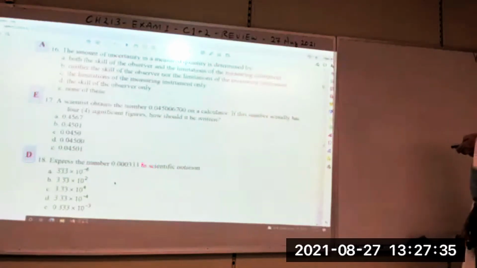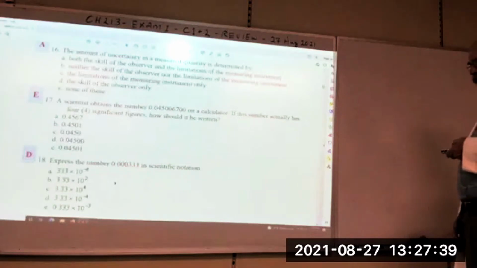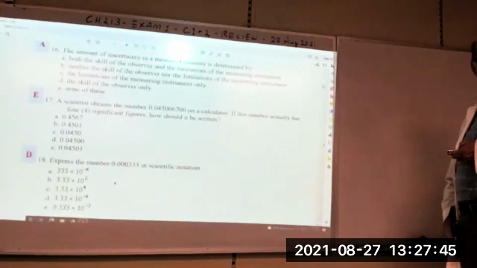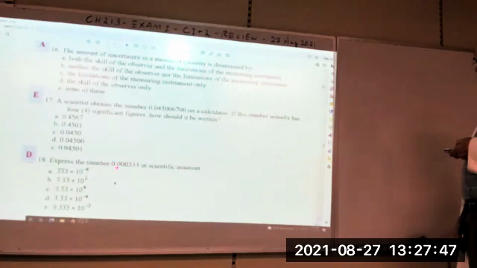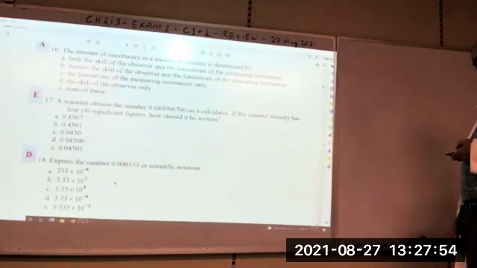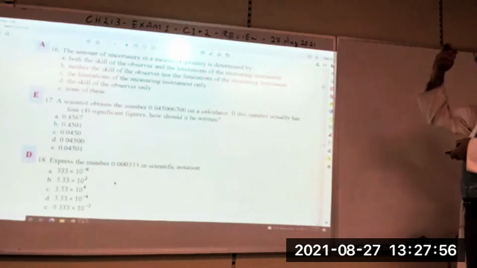How about this one? Express this one in scientific notation. What do you do with these leading zeros when you write your coefficient? They disappear. If you move the decimal to the right, you're storing up information as an exponent of 10. But is it getting bigger or smaller?